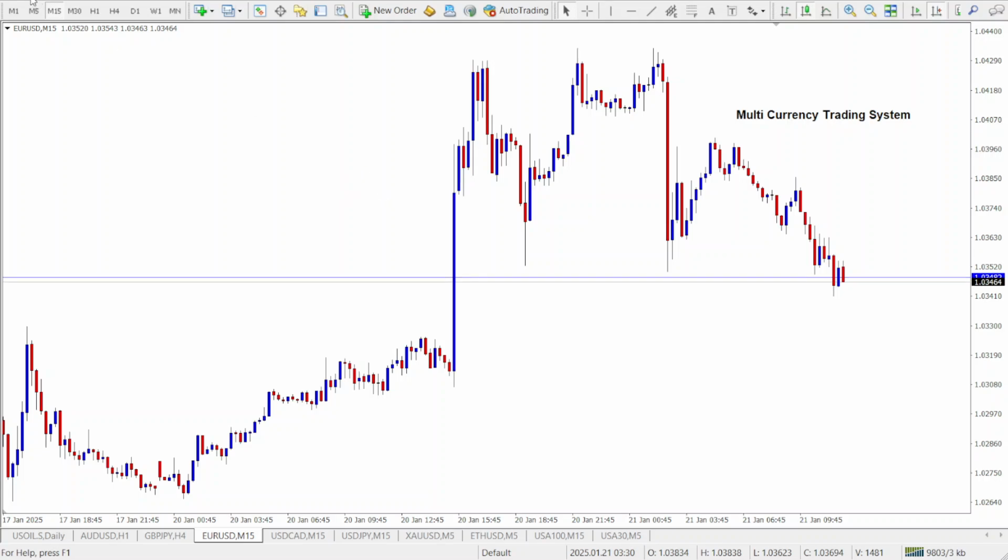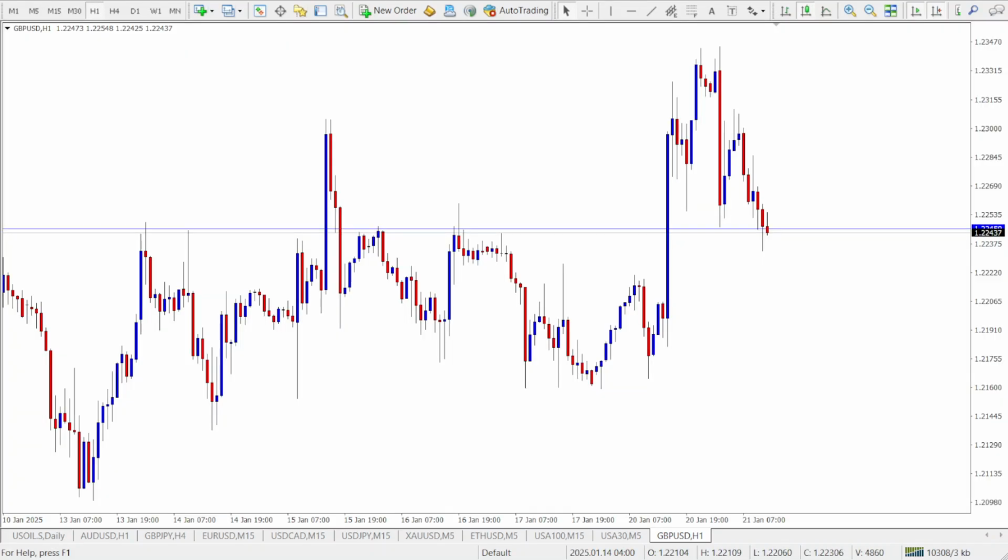For example, if you are looking at Euro USD, now this is the Euro USD chart. Let me add the GBP USD chart as well. So this is the GBP USD chart.